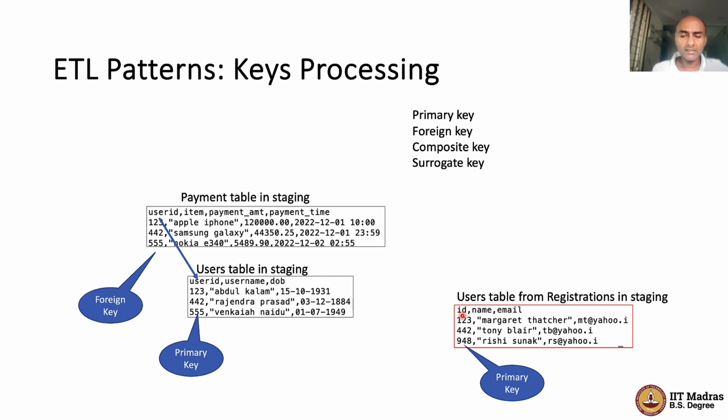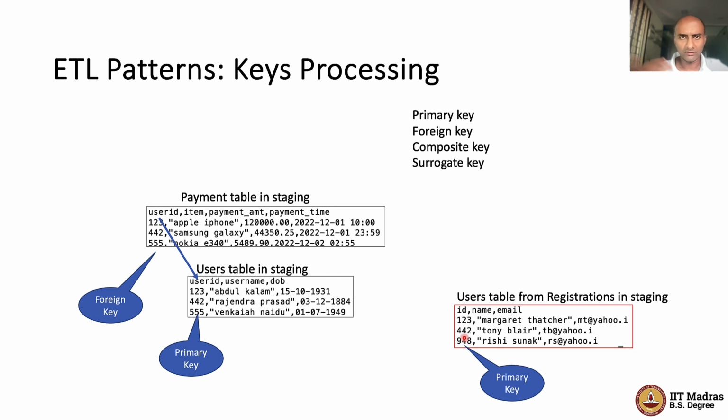So here the primary key for the users table, coincidentally it's also called the users table in that registration system. So that OLTP system, online transaction processing system, has the ID column in this table as the primary key.